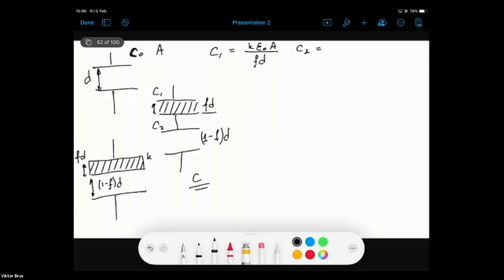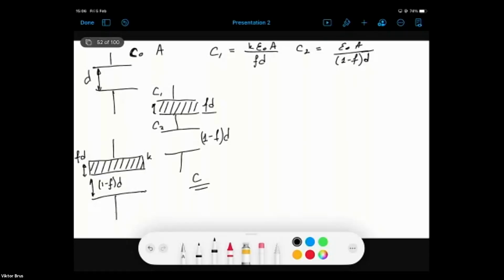This is just a parallel plate capacitor with vacuum inside. So it will be epsilon 0 times A divided by the distance between the electrodes, which will be 1 minus F times D.